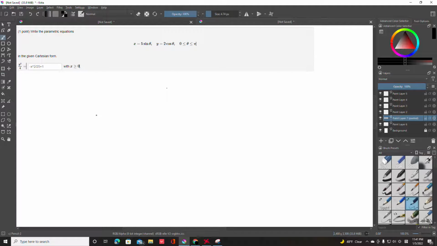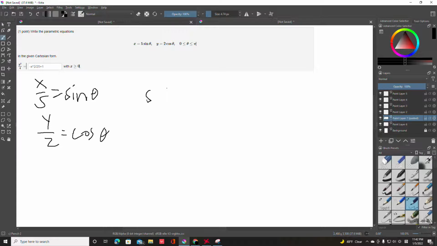Okay, this one, we would try to isolate the trig functions to write it in Cartesian form. So x over 5 is equal to sine of theta. I just divided both sides by 5. For y, we would just do y over 2 is equal to cosine theta.